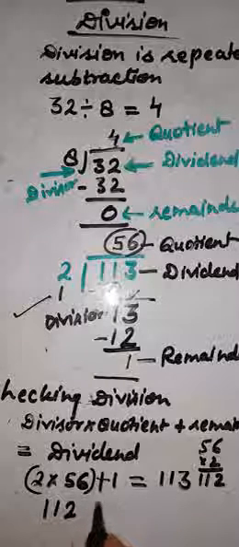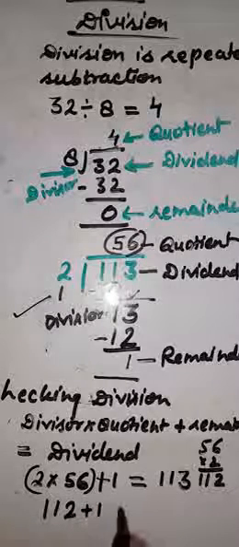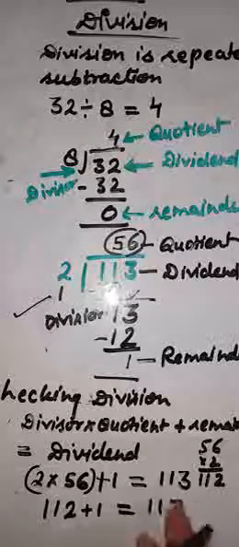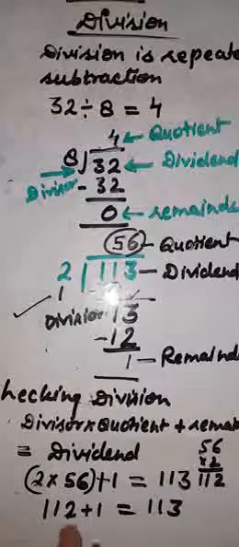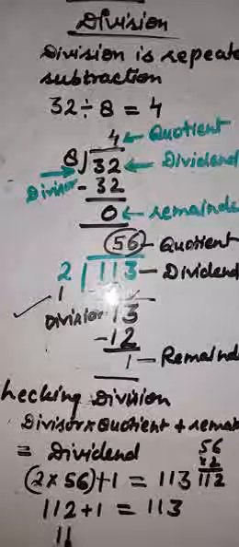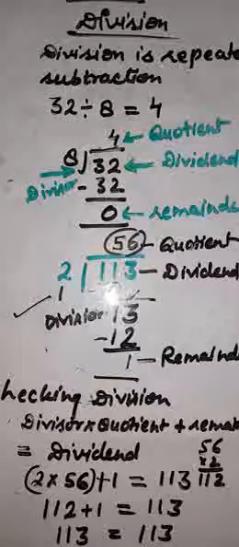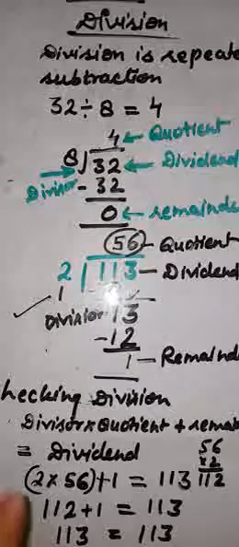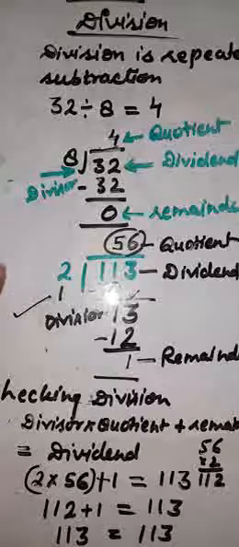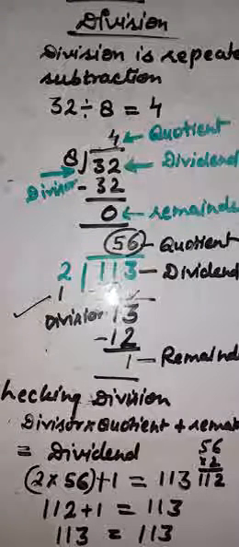Now 112 plus 1 is 113, which is the dividend. Now look here, 113 is equal to 113, so our answer is correct. In this way you can check whether your division quotients are correct or not.